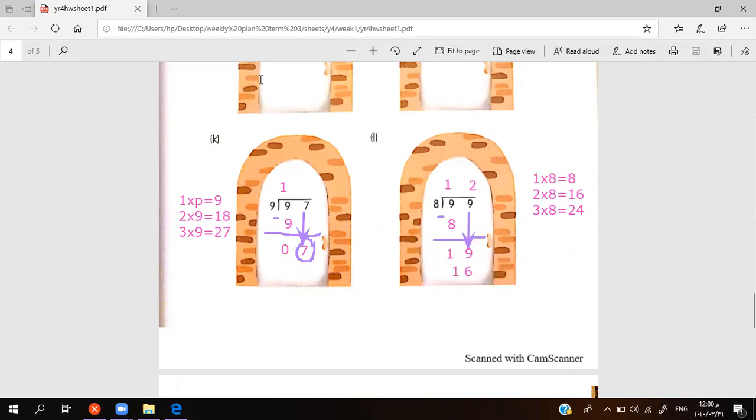And then after I multiply and write my answer, I subtract and write my answer after 16, 17, 18, 19. So my answer here is 3. Okay. And I'm gonna put a circle around the 3 because it's the remainder, because it's smaller than 8.